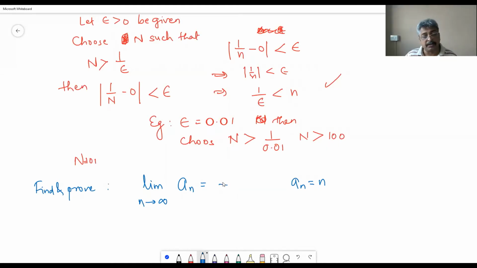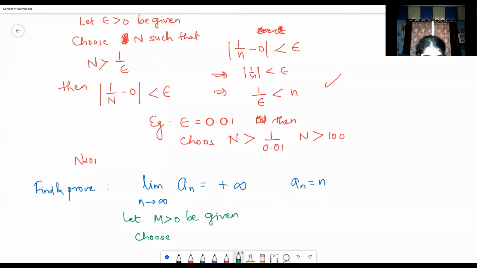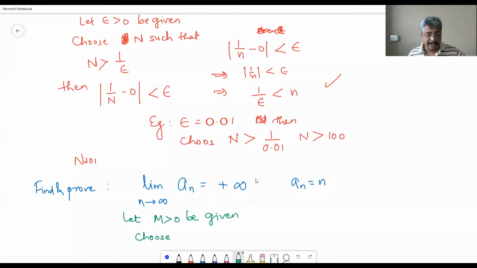This will be plus infinity, right? The limit will be plus infinity. Write down the proof of this. Okay. Let M greater than 0 be given.